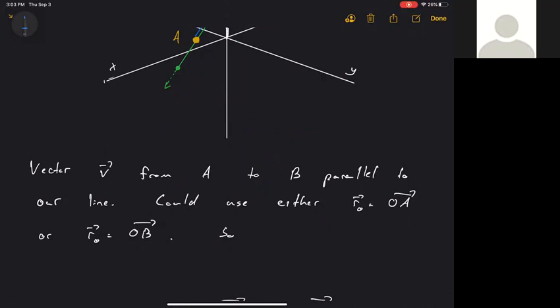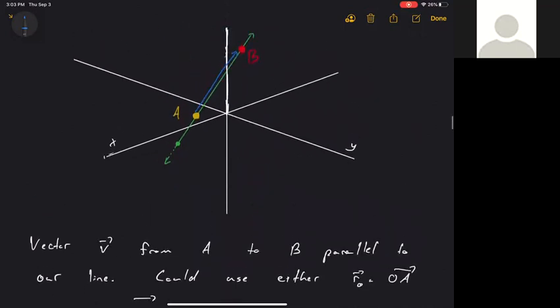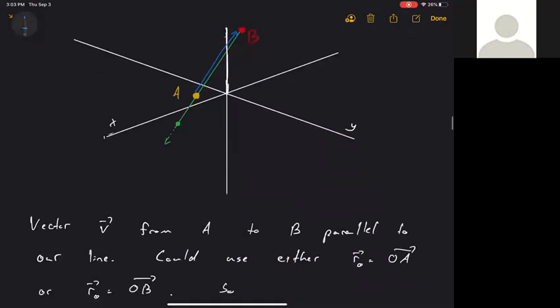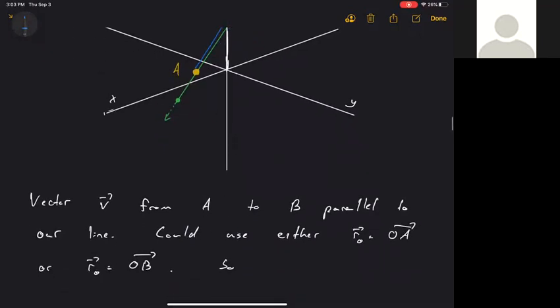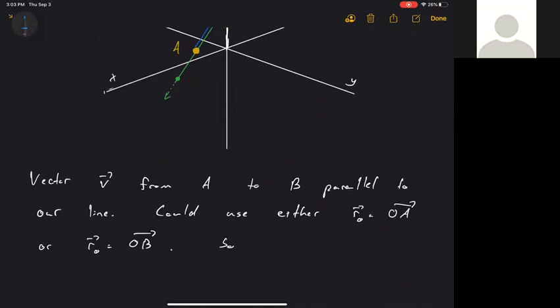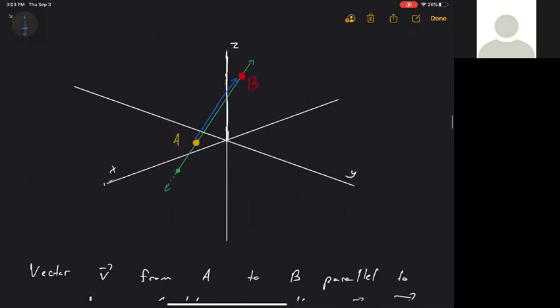That vector is going to be just the components of B minus the components of A. That would be the vector that goes from A to B. So we could say V is B1 minus A1, B2 minus A2, B3 minus A3.